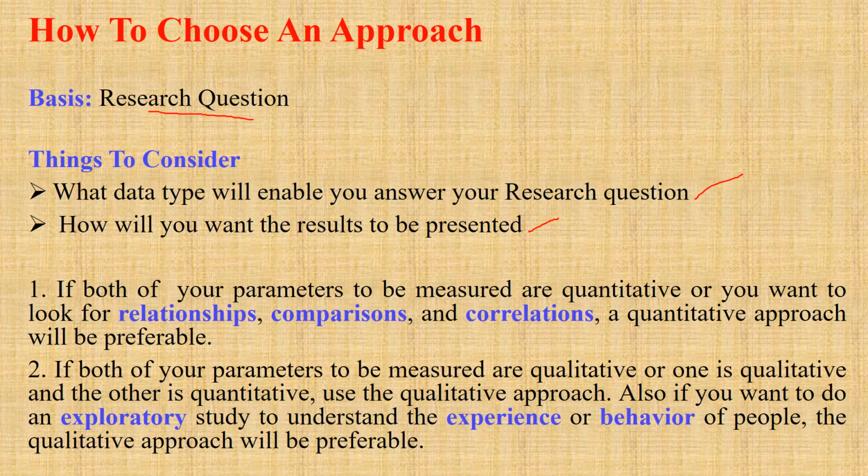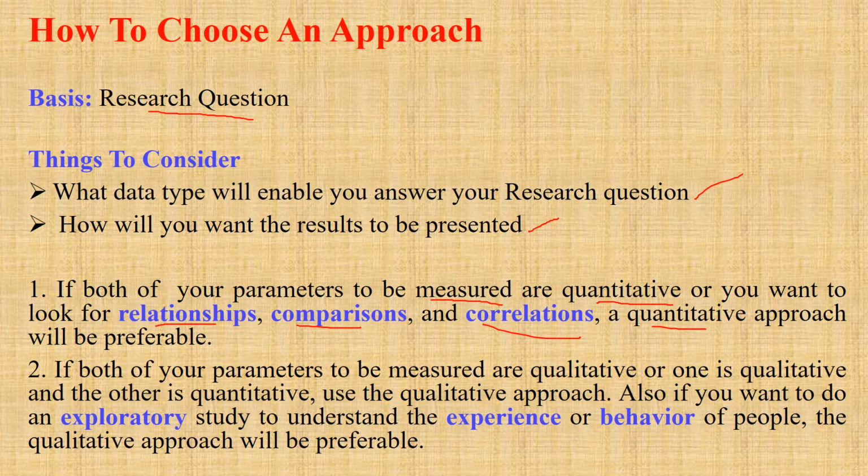Because these two are very important. Now, in a case, if both of your parameters to be measured are quantitative, that means that the quantitative approach is the most preferable in this situation. Or if you want to look at relationships, comparisons, and correlations, the quantitative approach will be the most preferable.